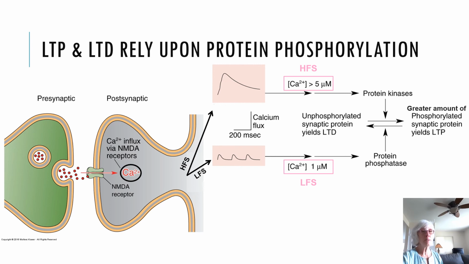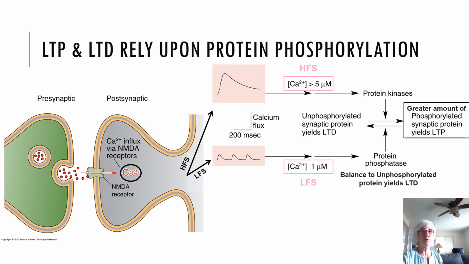When we have high frequency stimulation, we're going to have a lot of active protein kinases, and therefore a greater amount of phosphorylated protein. That greater amount of phosphorylated protein is going to yield long-term potentiation. When we have low-frequency stimulation, and therefore low levels of calcium, we're going to tip the balance such that we have more active protein phosphatases, and therefore more unphosphorylated protein.